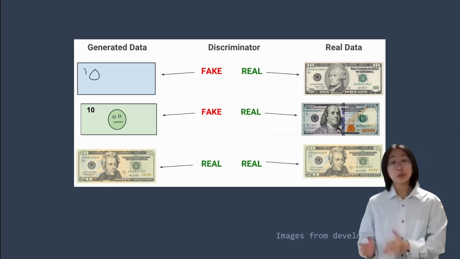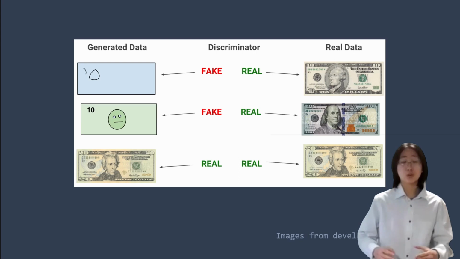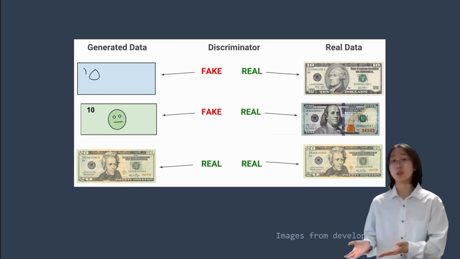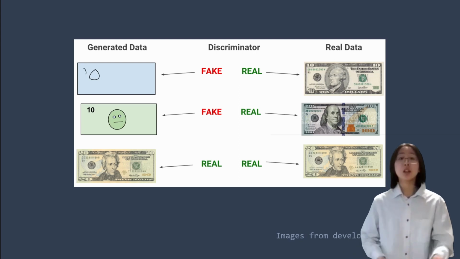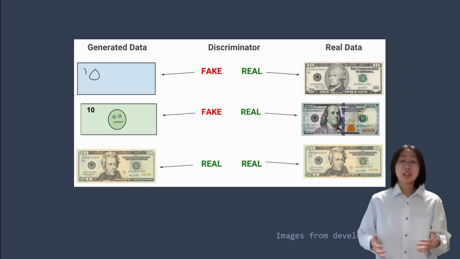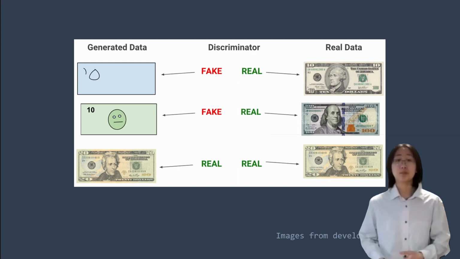The discriminator's job is to tell the difference between the fake ones the generator created and the real images from the dataset. And over time, as we continue training the GAN system, the generator will get better at generating images that the discriminator cannot tell the difference between real and fake.